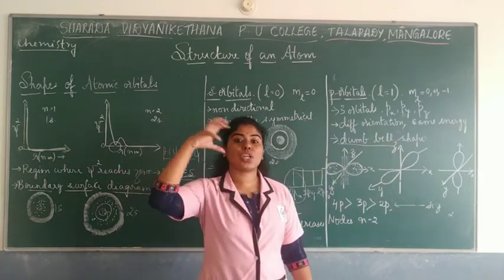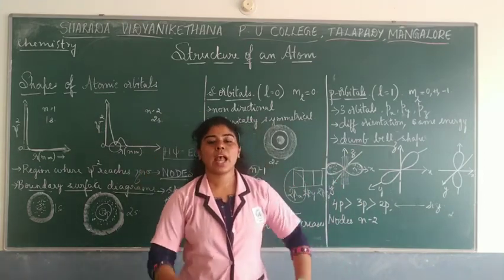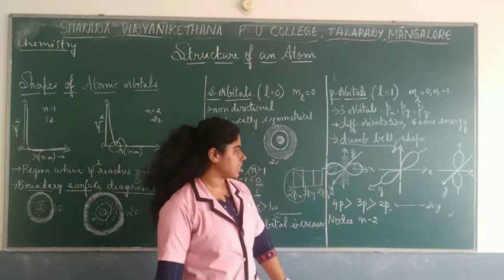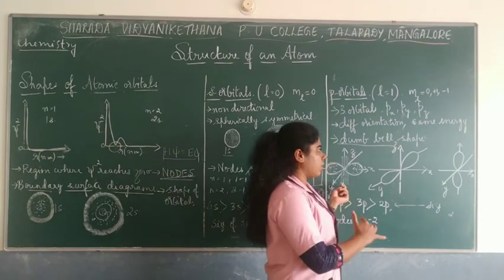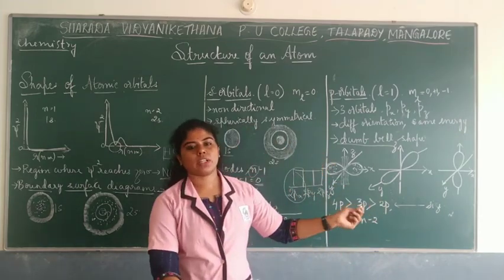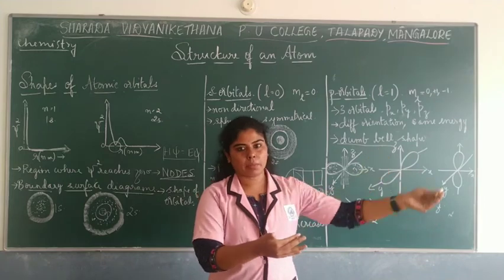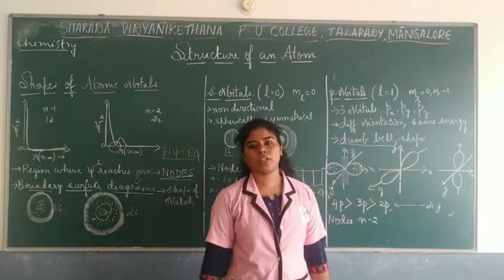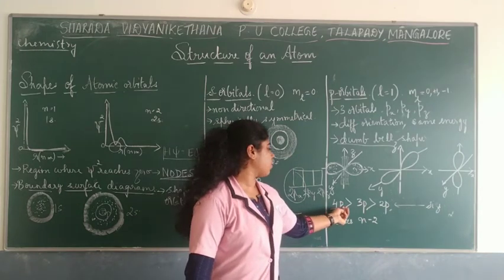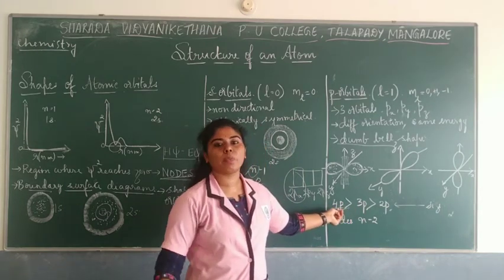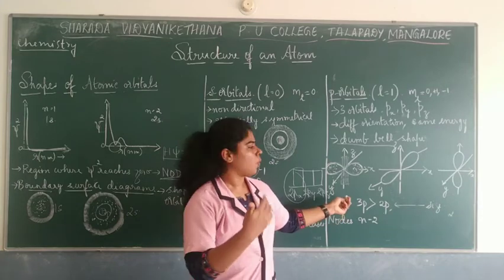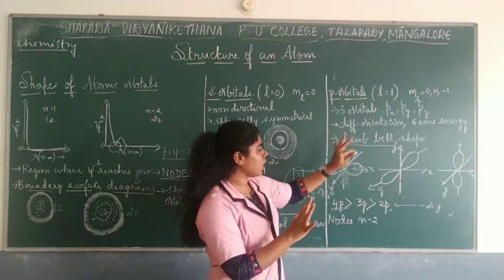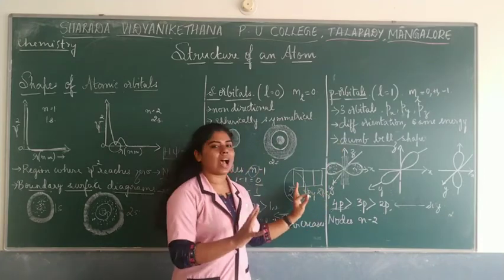These are the shapes of p orbitals, and they are denoted along the different axes, namely x, y and z. When you talk about the size of these p orbitals, as the principal quantum number increases, the size of these p orbitals also increases. In the same way, the fourth shell 4p orbital will have more size when compared to 3p and 2p. These three orbitals do not have varying energy.